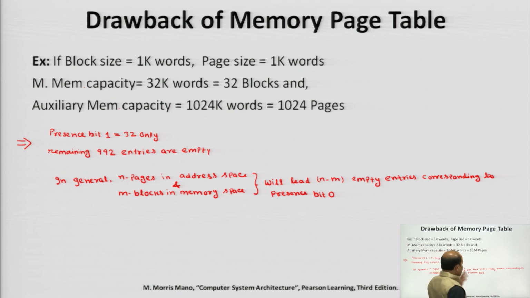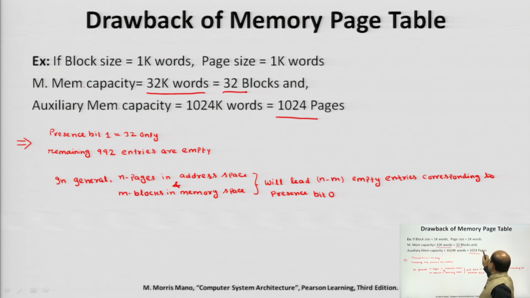So there are a few drawbacks in this particular case. That was a simple example with a smaller memory capacity. If we take a big example as shown here, the address space capacity is 1024 pages, and the main memory capacity is 32K words. So there are 32 blocks and 1024 pages. You can understand we have to map these 1024 pages to 32 blocks.